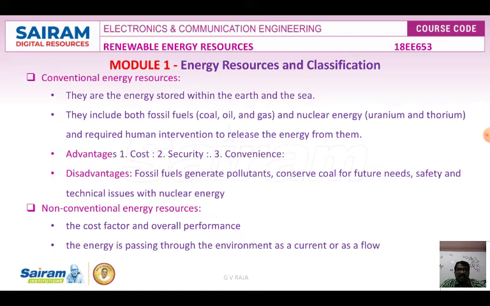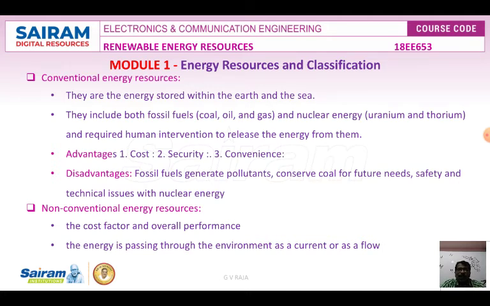The second energy resources classification is conventional energy resources and non-conventional energy resources. Conventional energy resources are those traditionally used for many years. They are the energy which is stored within the earth and the sea. They include both fossil fuels as well as nuclear energy, and require human intervention to release the energy from these resources.